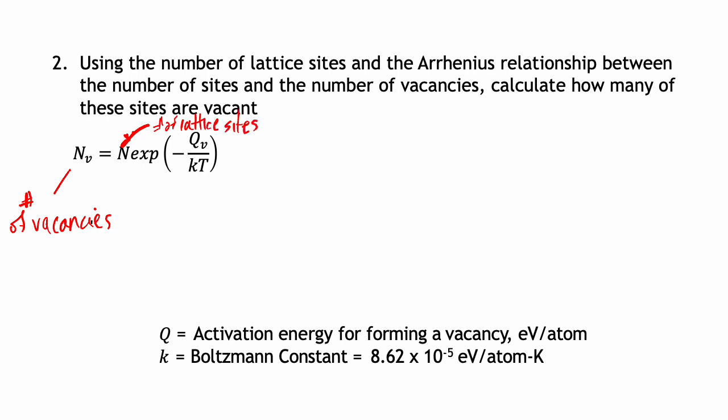We get that by taking the exponent of minus Q sub v over kT, where Q sub v is the activation energy, which is either given or you calculate it, in electron volts per atom. k is Boltzmann's constant. We're going to use electron volts when we solve the problems, so Boltzmann's constant is 8.62 times 10 to the negative 5 electron volts per atom-Kelvin. T, temperature, is in degrees Kelvin.